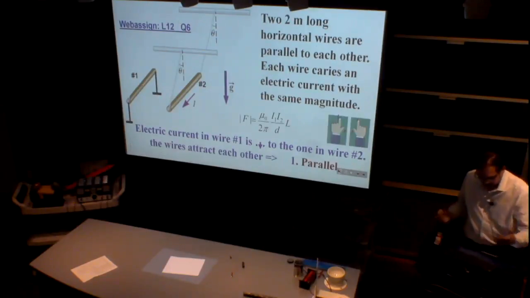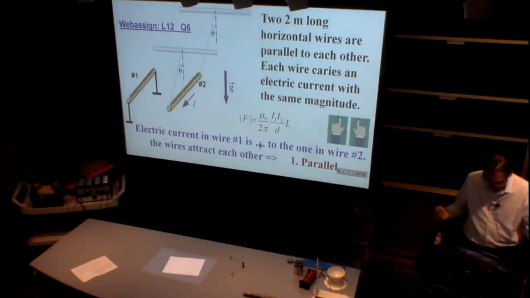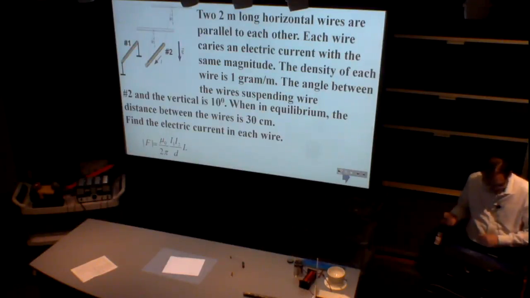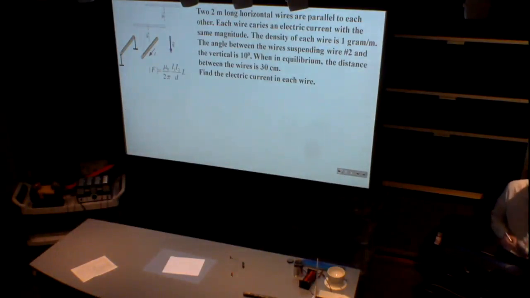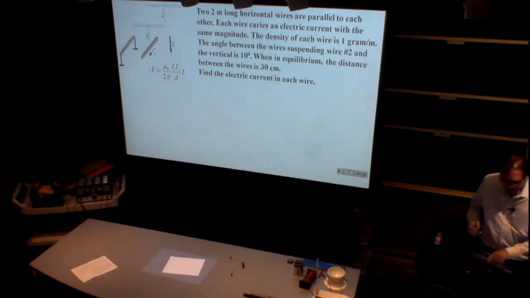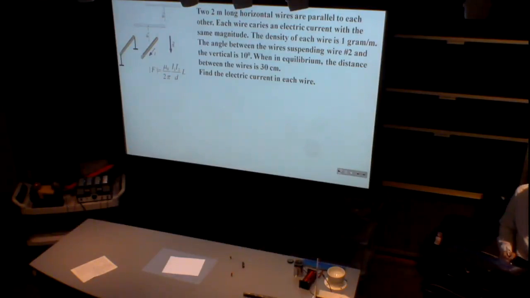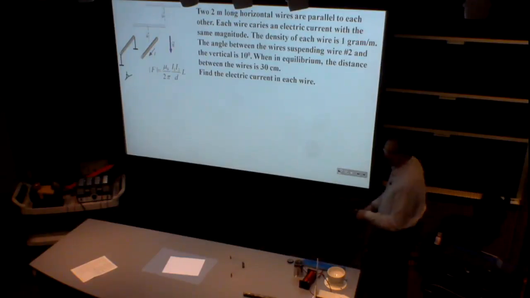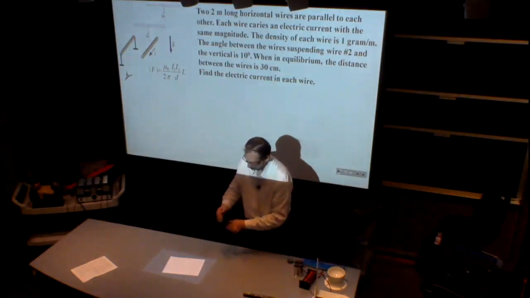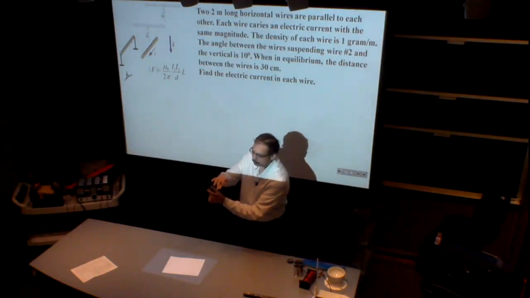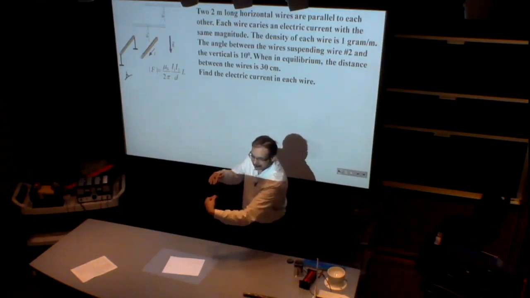So all we have to do now is just draw a free body diagram. But this is not a diagrammatic situation. It's a picture, it's a photograph. We need to see only forces. So we have to switch the point of view. We have to look at this bar or this wire straight at it.